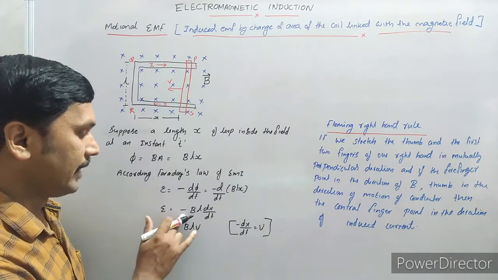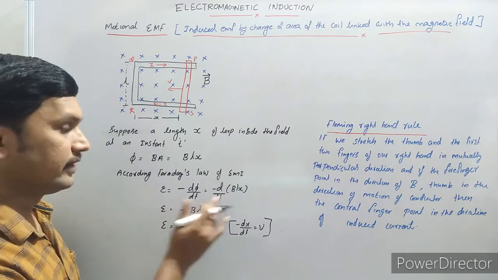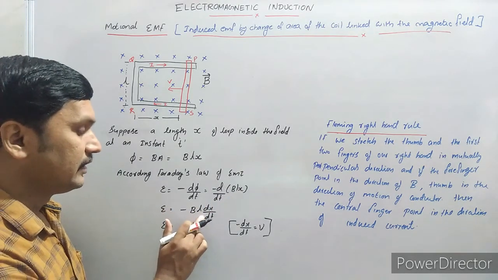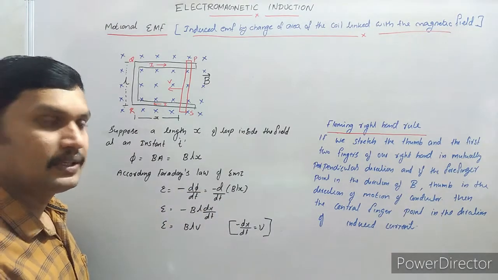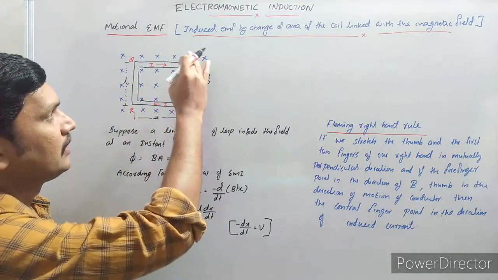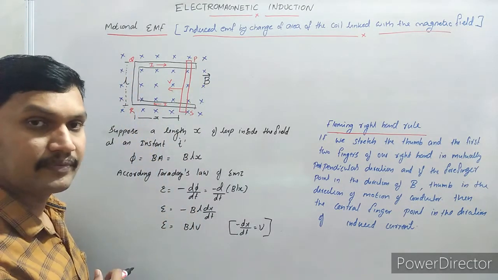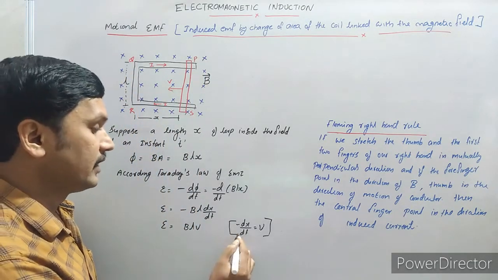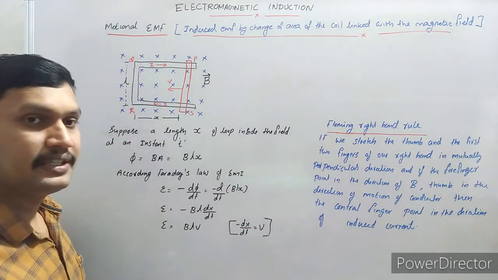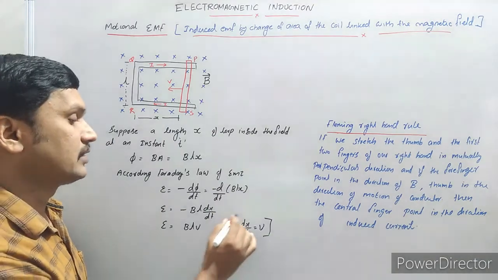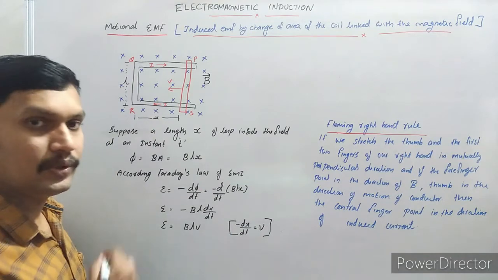So E is equal to minus B L dx by dt, since B and L are constants and we keep them outside. You know, x is varying. Once the PS is moving towards the left, x is decreasing. So dx by dt is the time rate of change of the value of x.